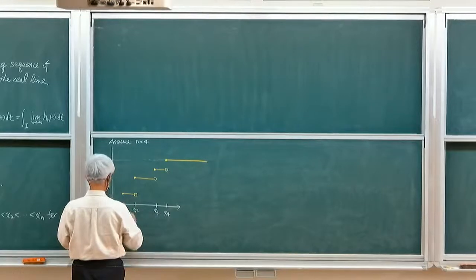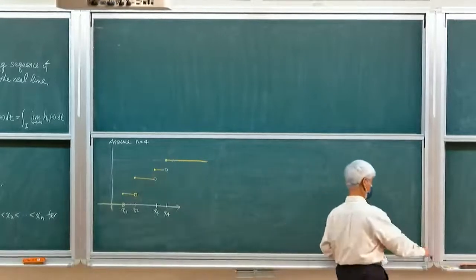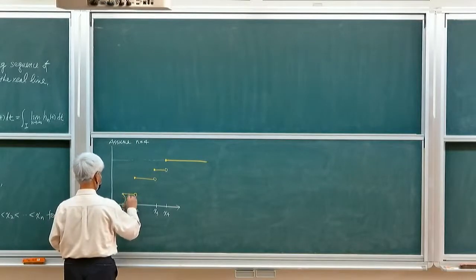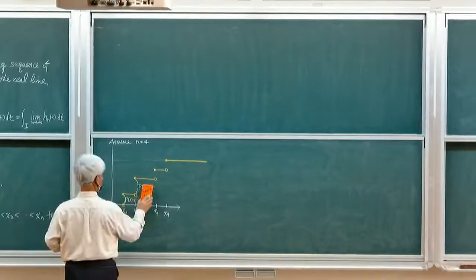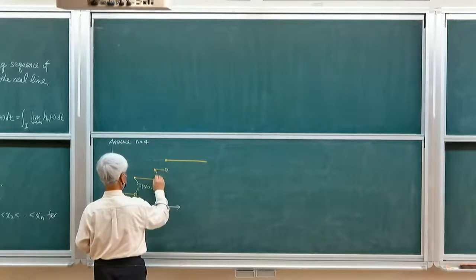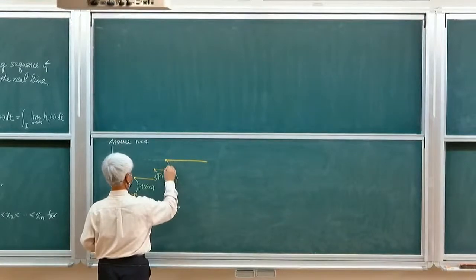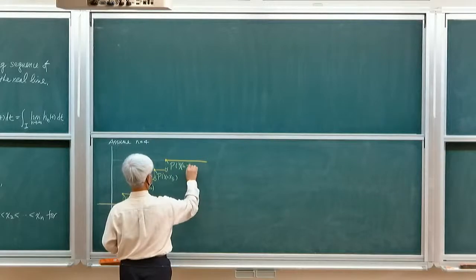The jump here is the probability that X equals x1, and the jump here is the probability that X equals x2, and the jump here is the probability that X equals x3, and here the probability that X is equal to x4.